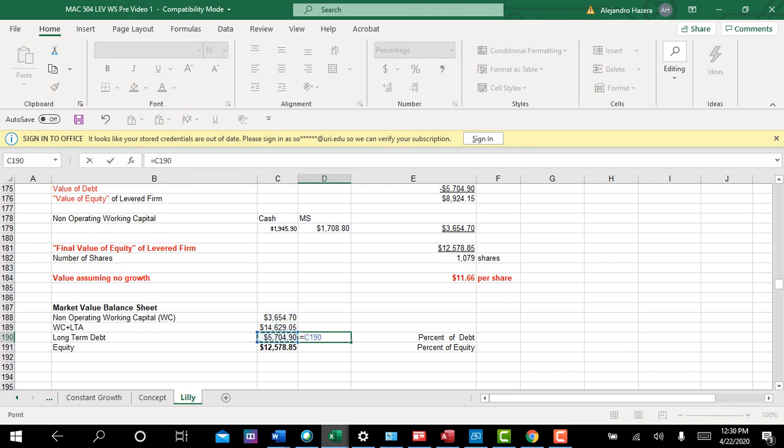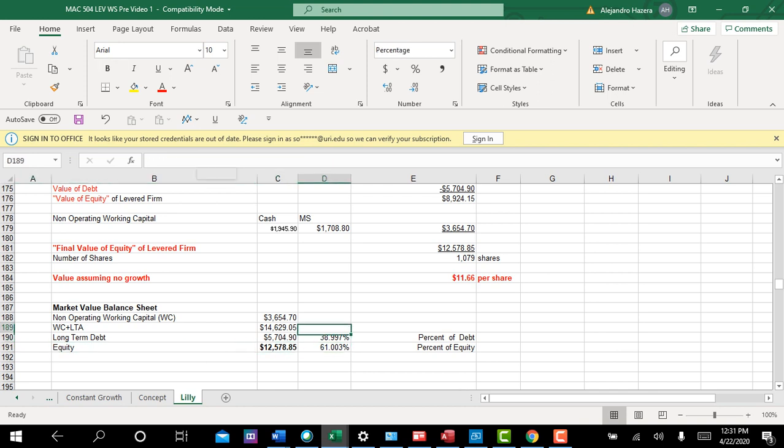So if we take our long-term debt divided by total assets, that means that our debt is about 39% of assets, and for the equity, if we take 1 minus the percentage of debt, that's going to give us more or less the percentage of equity.